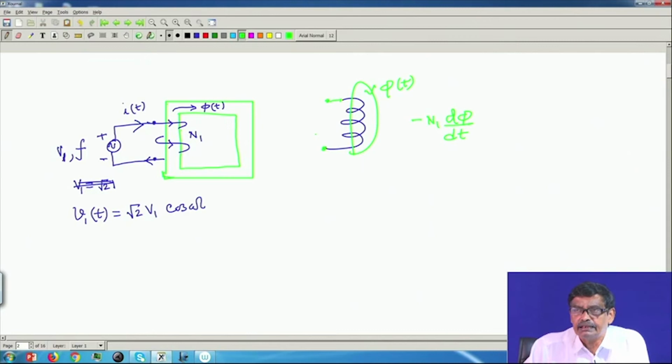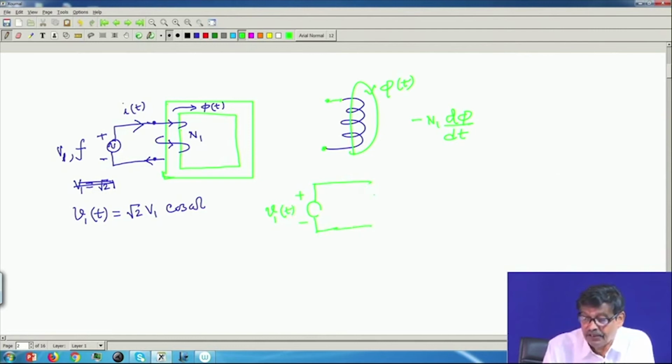The negative sign is Lenz's law. It tells that the polarity of this induced voltage will be such that it will try to oppose the very cause for which it is due. For example, this coil can be modeled as, here is your AC supply, v1(t) I have applied. Then across this coil, if I neglect the resistance of the coil, there appears another source here, and that induced voltage is E1.